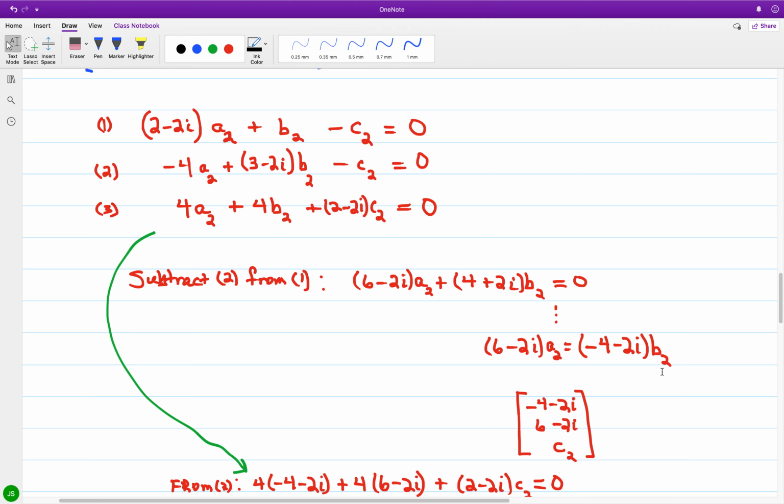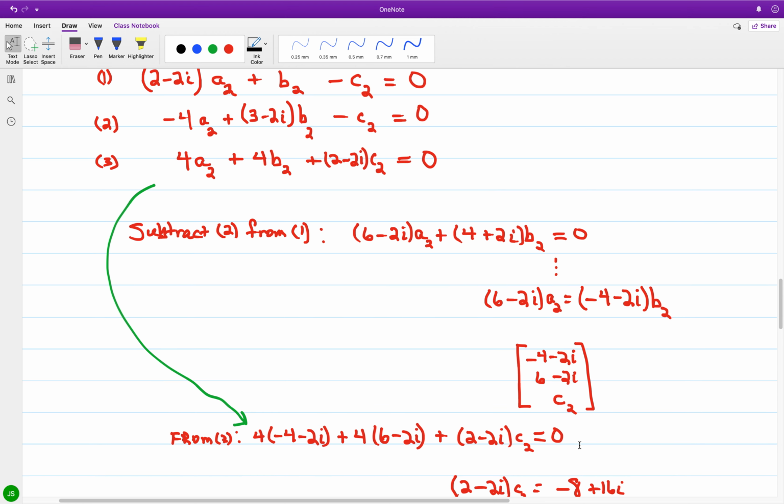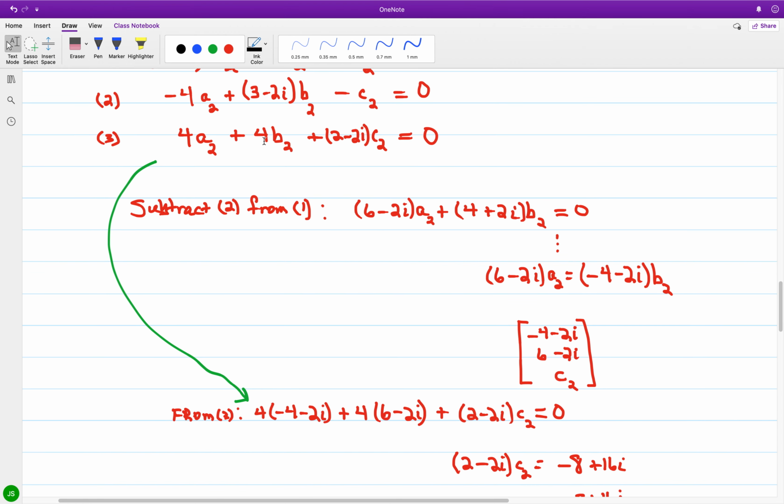And we can say that for a of 2, we'll see that will be negative 4 minus 2i. And for b of 2, we'll let this be 6 minus 2i. Think of it like this: 6 minus 2i times negative 4 minus 2i is equal to negative 4 minus 2i times 6 minus 2i. And in looking for c of 2, we can adopt from equation 3.